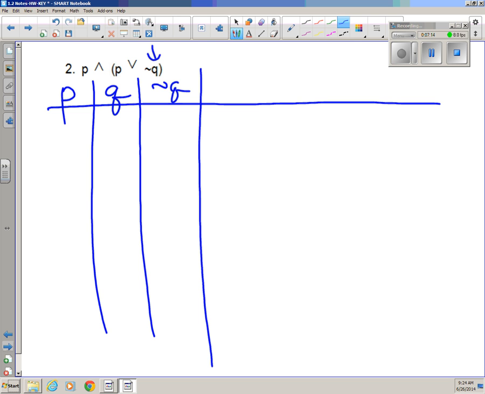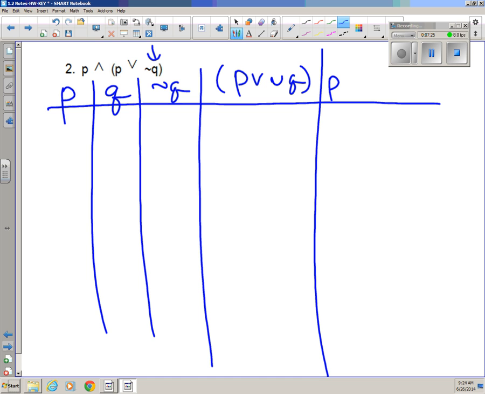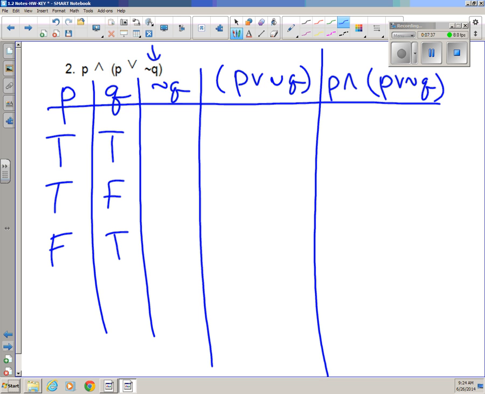So I'm going to do a parenthesis, which is P or negate Q. And now everything is done piece by piece, so I need the final statement, which is P and (P or negate Q). Looks like this might be tricky, but I'm telling you it's really easy. So T, T, T, F, F, T, F, F.